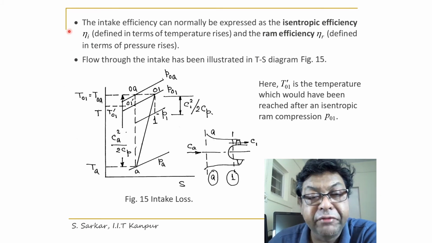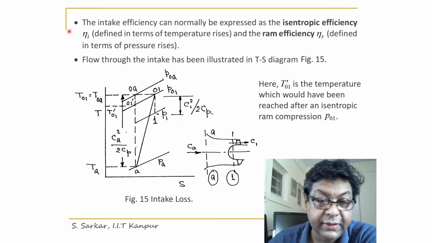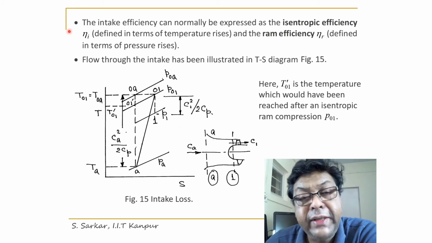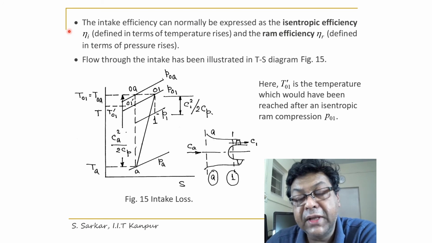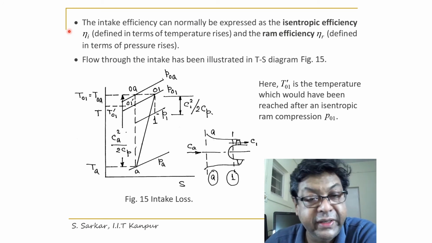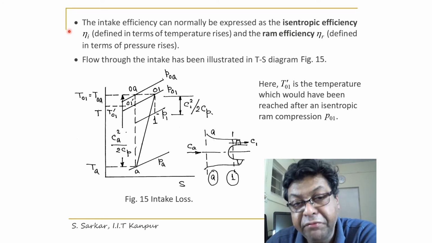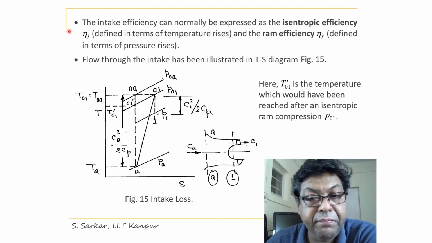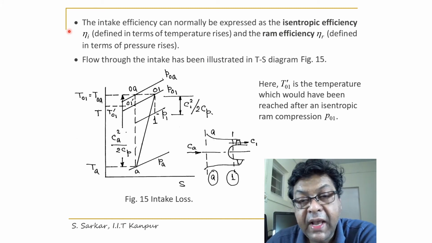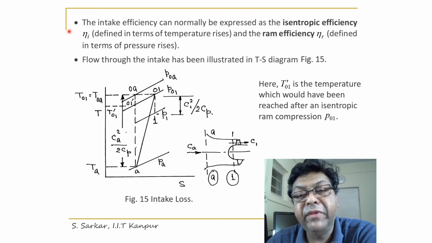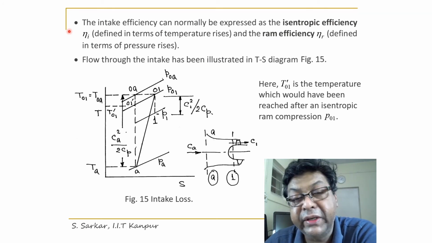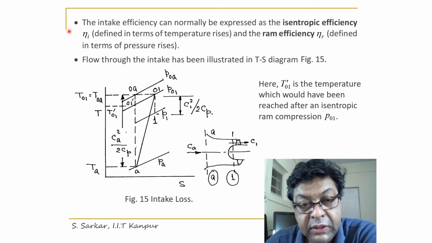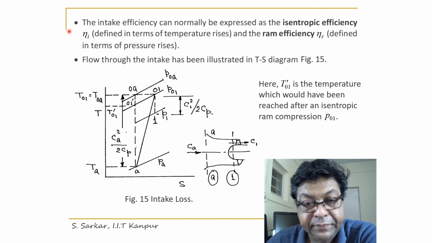Before that, let me define the intake efficiency. The intake efficiency can normally be expressed as the isentropic efficiency eta I, defined in terms of temperature rise, or the ram efficiency eta R, defined in terms of the pressure rise.